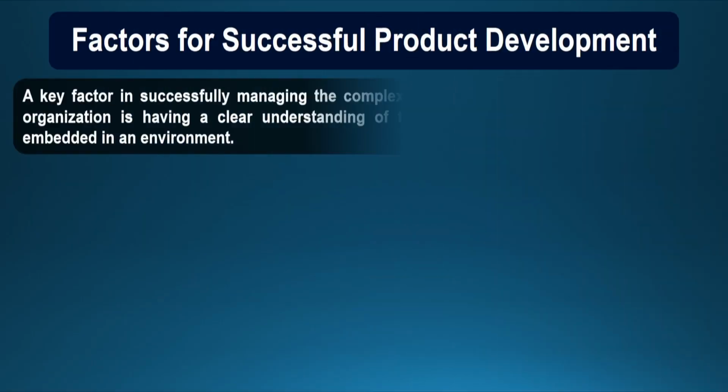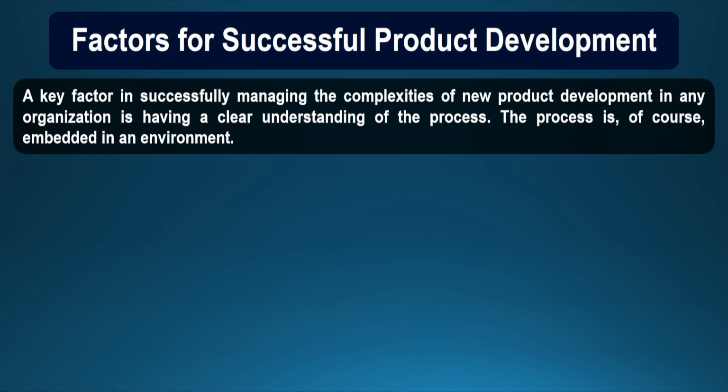The other factors for successful product development: we can go into managing of the complications. We have to go into the development programs. They are successfully done. We also go into having an understanding of the processes and looking at training and evolving of the manpower resource also, which has to work on this new product development.